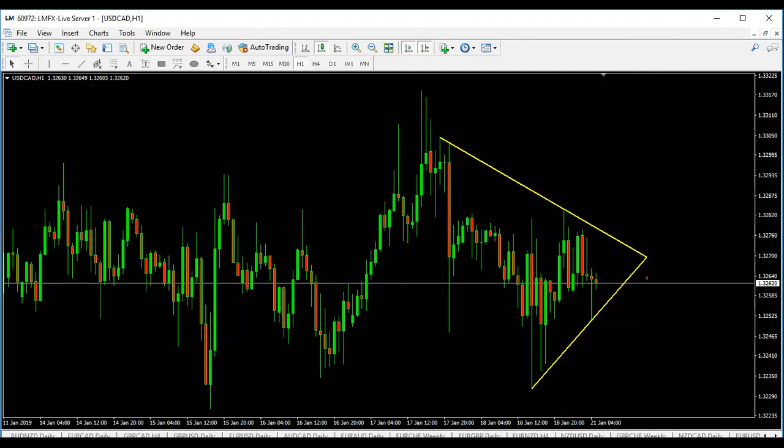Let me ask you guys a question. You guys answer in the chat. What you guys saw before, I want to measure the distance that this triangle could possibly go. Can I measure from the top down and find the amount of pips this triangle, from technical analysis, should go?